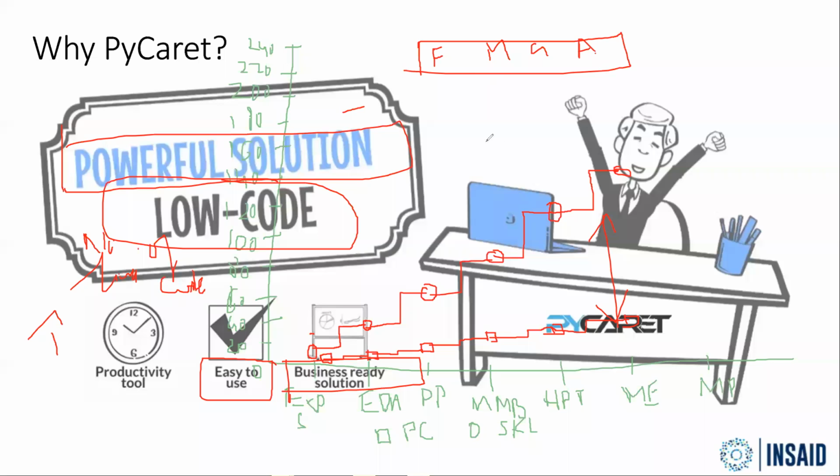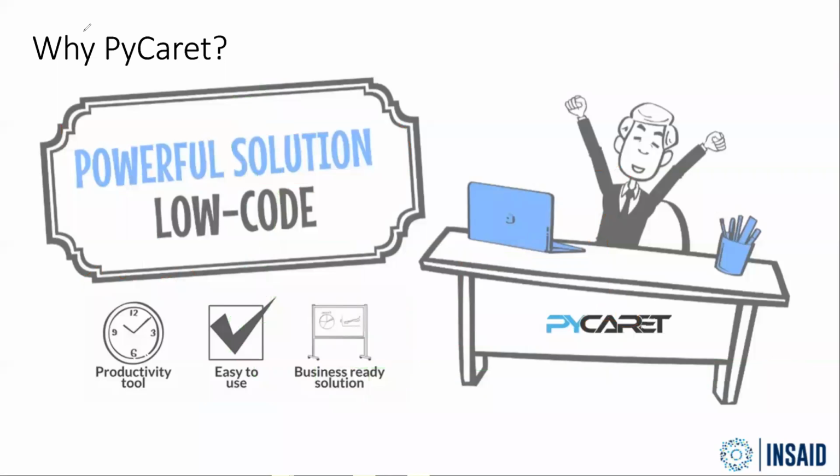For those kinds of organizations, if they are hiring data scientists, definitely this kind of tool will help them create business solutions. That is what we are talking about when we are using PyCaret. All right, guys, I'm going to clear my screen here, and we will now move on to our next part.